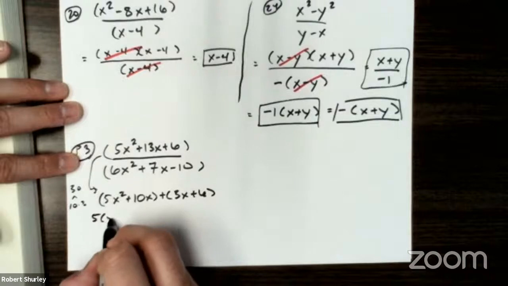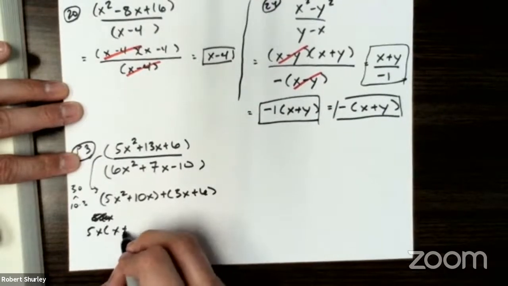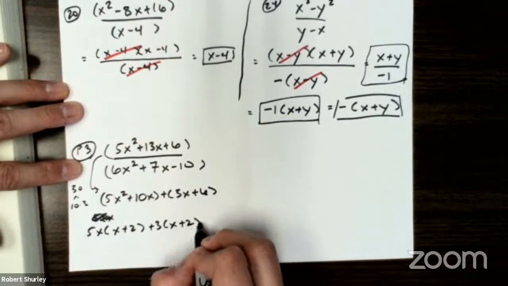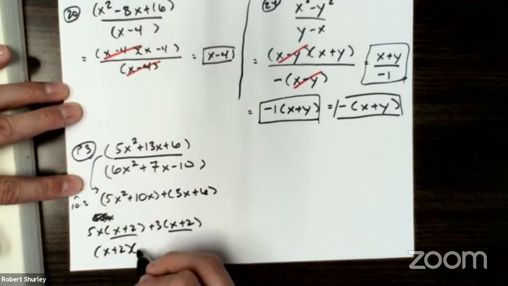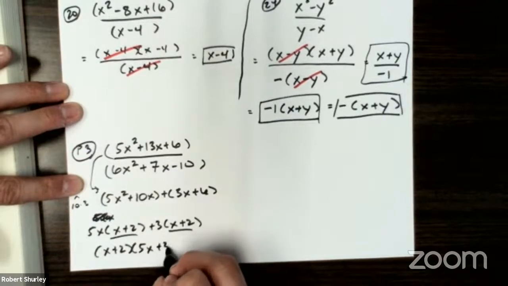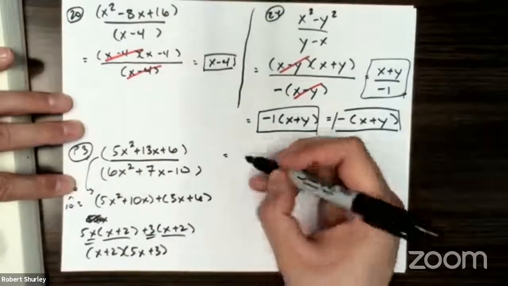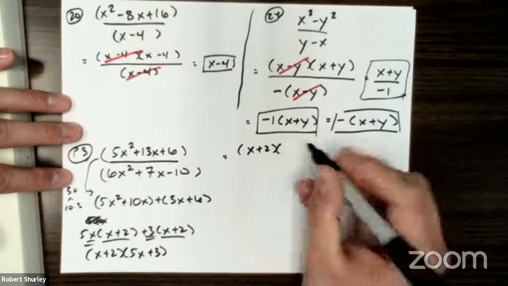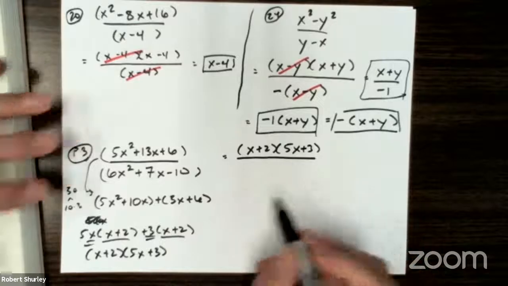I can factor 5x out, and it leaves me with x plus 2. And then I can factor 3 out, and it leaves me with x plus 2. These match, I can factor them out, so it leaves me with x plus 2 times 5x plus 3, right? So that's the top factor. So the numerator would be factored into x plus 2 times 5x plus 3.